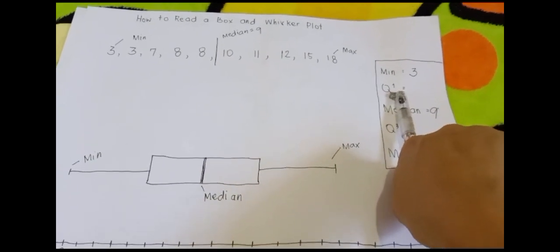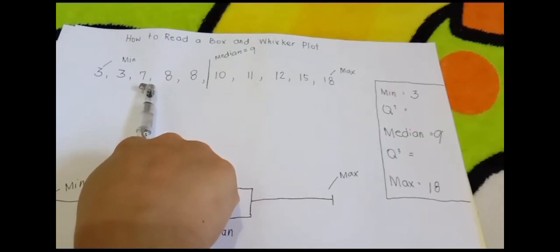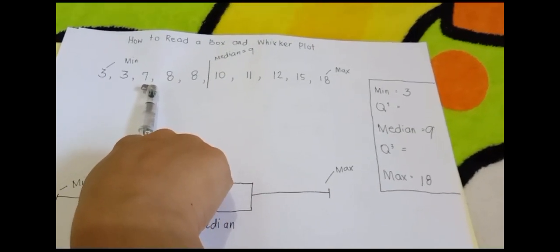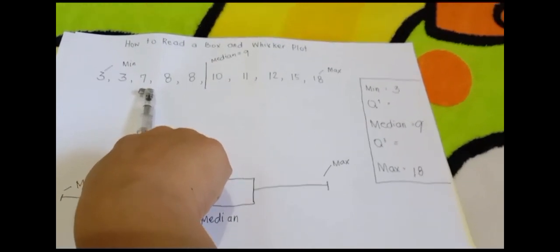Kailangan nating tingnan ang nasa ibaba ng data. Ngayon, ang first quartile ay magiging median o halfway point sa loob ng ibabang kalahati ng data.